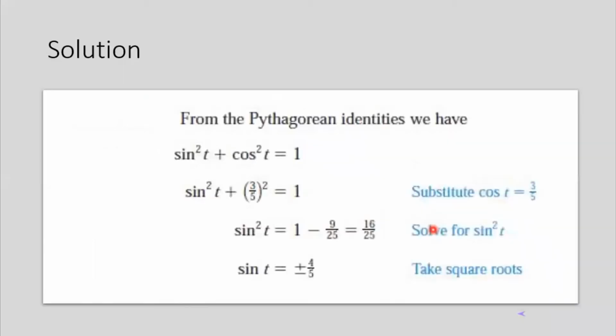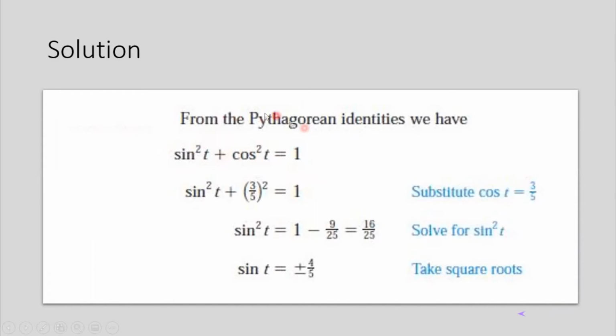For our solution, recall that from the Pythagorean identities, we have sine squared t plus cosine squared t, which is equal to 1, right? Okay, so we can use this trigonometric identity. Why? Because we are given that cosine t is equal to 3 over 5.